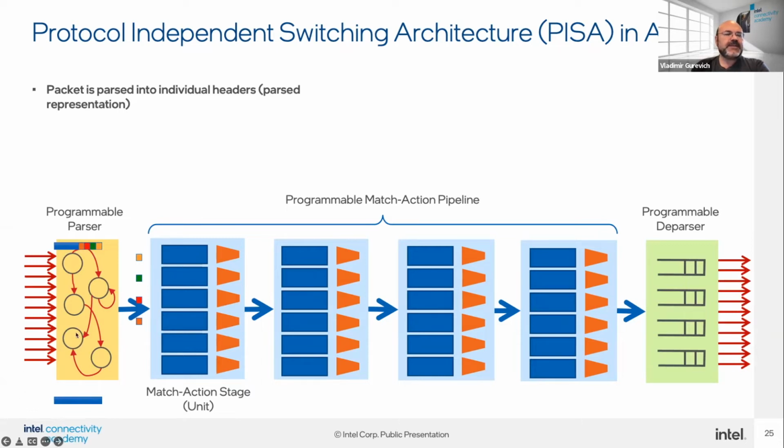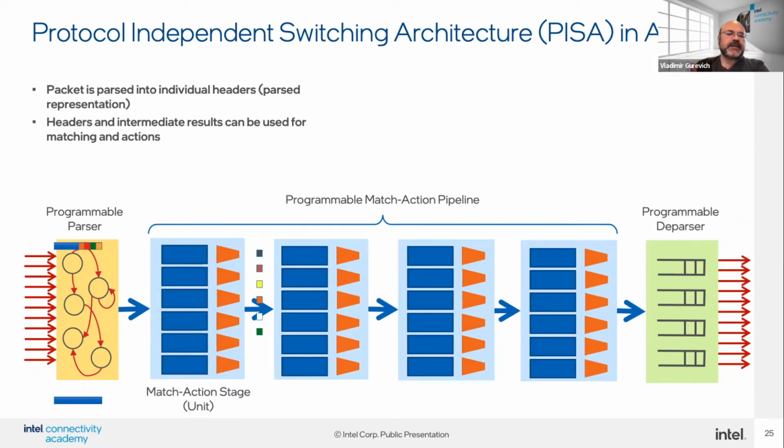In fact, on Tofino, we can even finish processing packet headers before we receive the end of the payload. So the header fields go into this match action pipeline. And there, as I said, we perform the same operation. We perform a match, for example, we'll match the packet based on the destination MAC address or destination IP address, and we can perform an action.